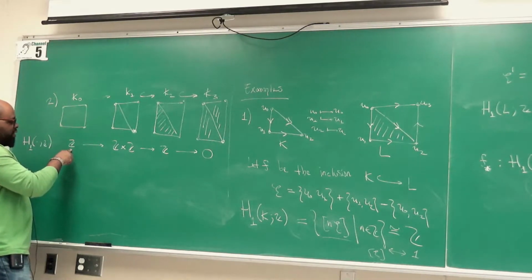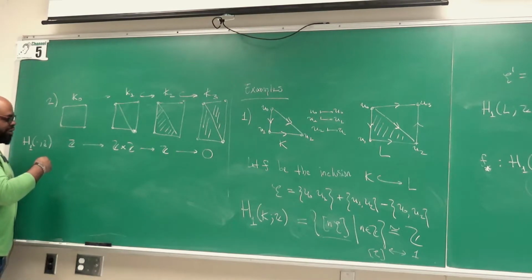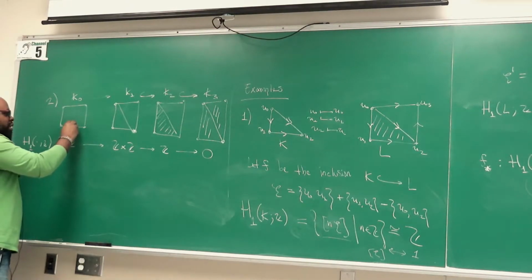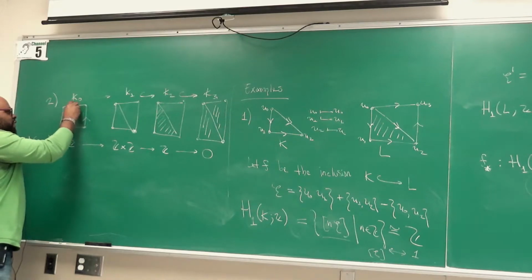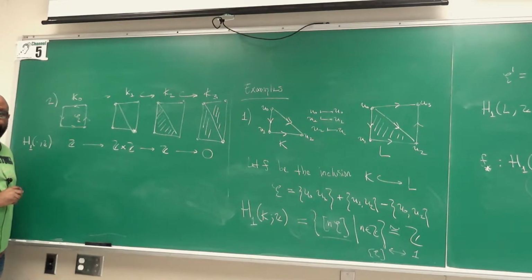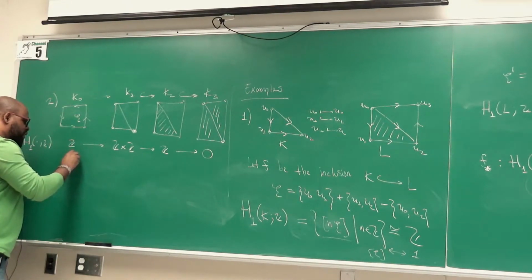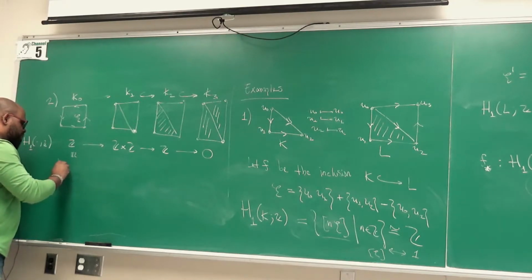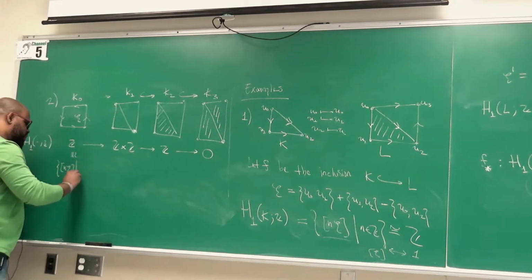Here in Z, there is not much choice. So Z, I'm going to take it to be generated by this cycle. So that's going to be Z, and when I think of this guy, I'm thinking of all the multiples of this zeta.